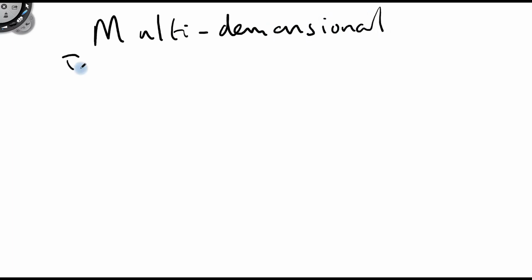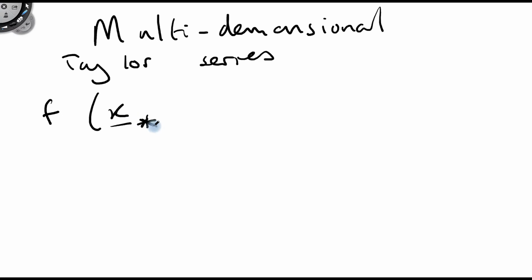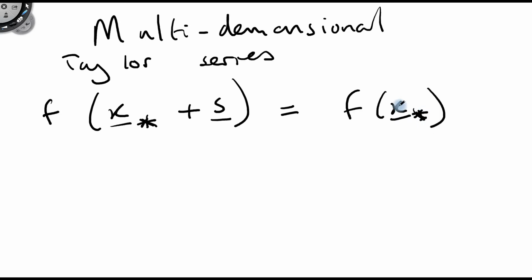So we're then going to write down a multi-dimensional Taylor series. Basically, we want to write down f of our minimum point, x star, plus our deviation s equals a whole bunch of things, and it needs more than one line of the board. So you have f of x star, that's the function value at the minimum.